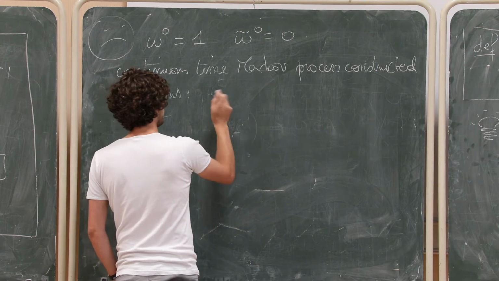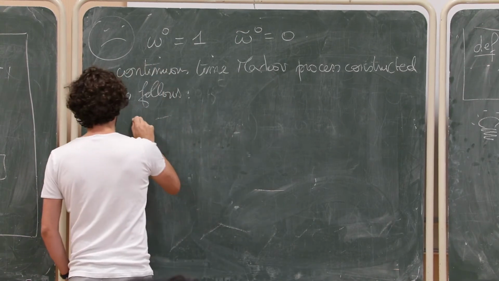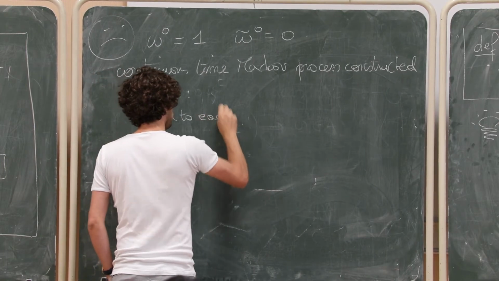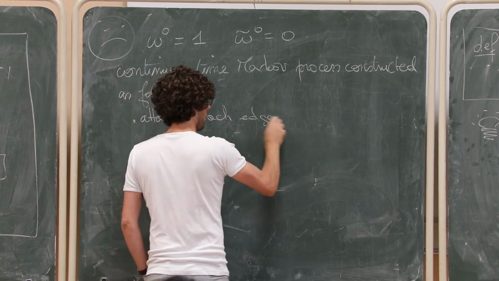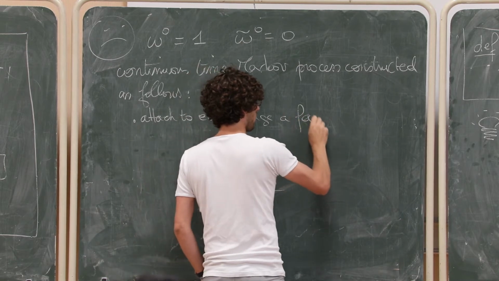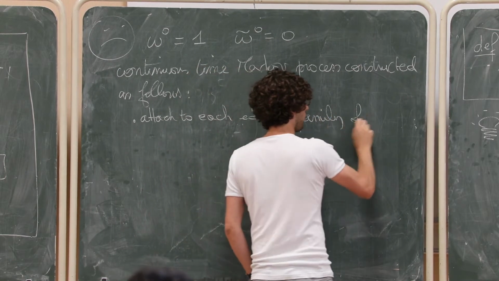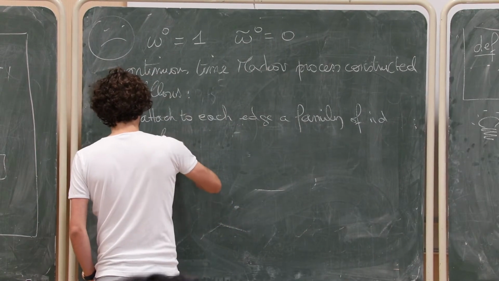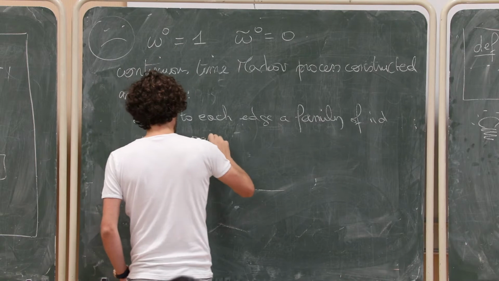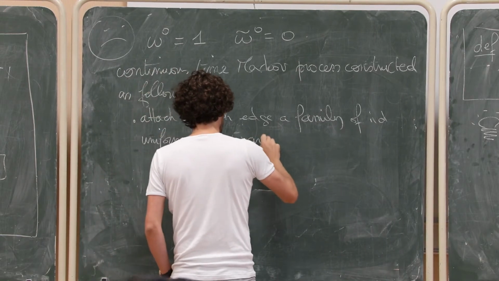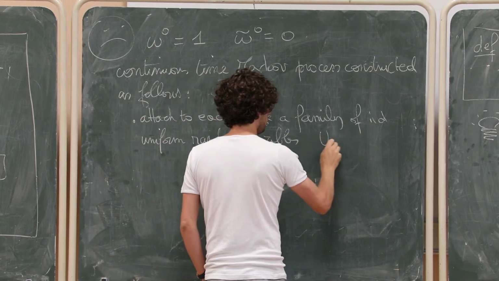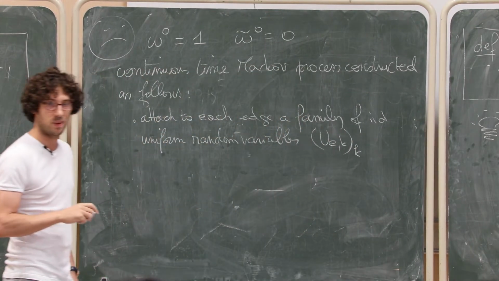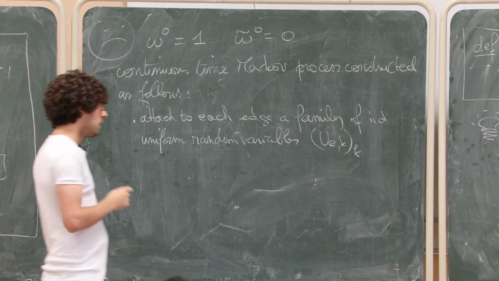So what we are going to do first is that you attach to each edge a family of IID uniform random variables. Let's call them U_{E,k}. They are indexed by k and by the edges.